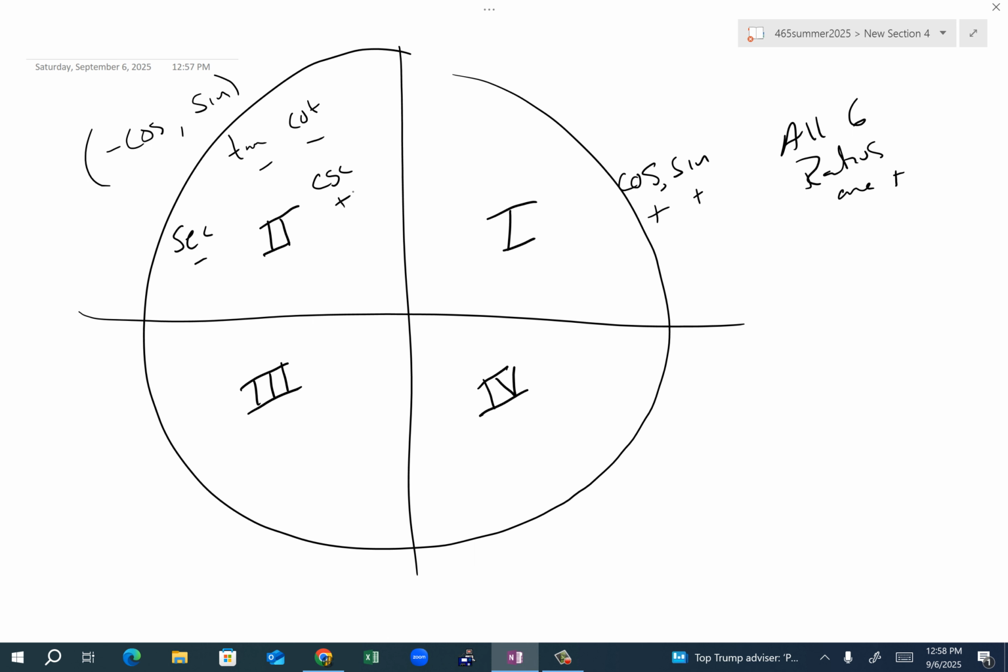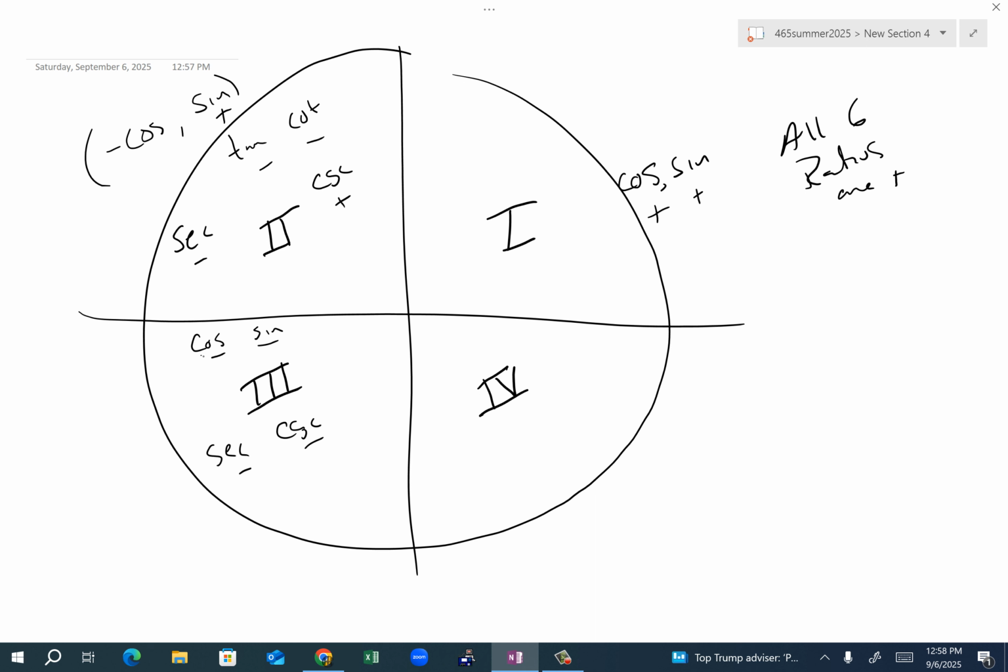By the way, if you ever have an odd number of positives or negatives when you're doing this, you screwed up. There will always be 2 positives and 2 negatives in all these quadrants, an even number of each. Down here, they're both negative. So cosecant is obviously negative, and secant is obviously negative.